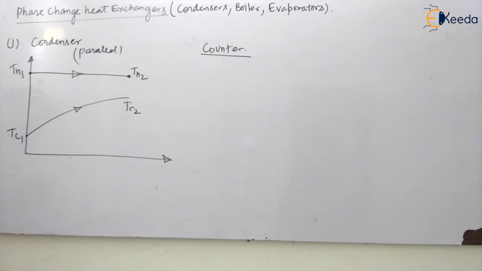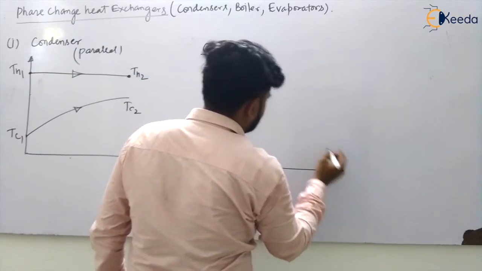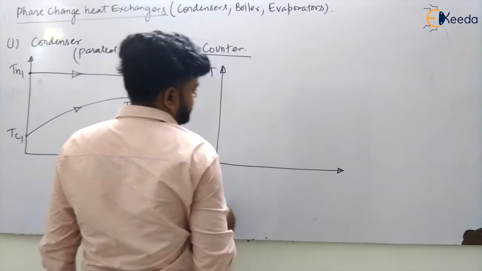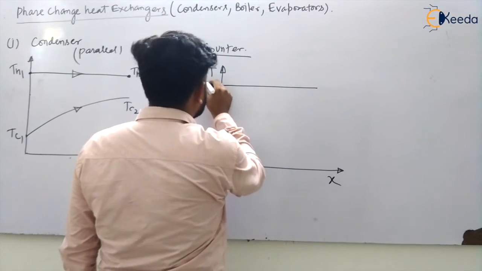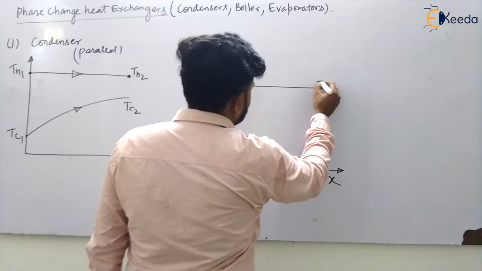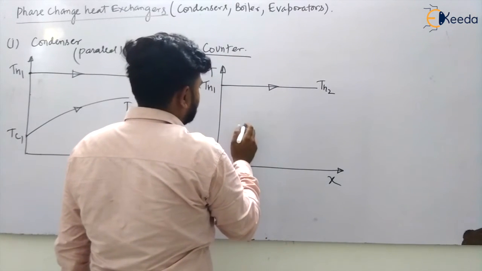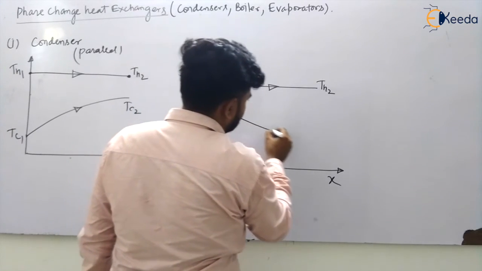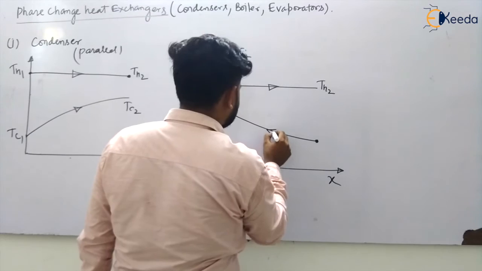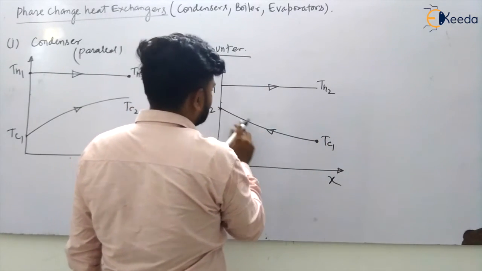Let us see. In the counter flow heat exchanger, this is your X, the length, and one fluid is undergoing temperature change, TH1 to TH2 in this direction, and the other fluid will undergo temperature change in this direction, from TC1 to TC2, my dear students.